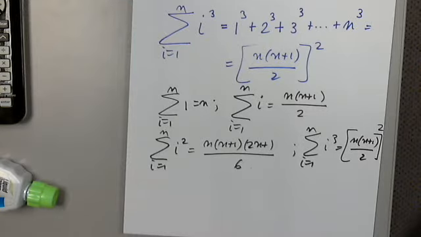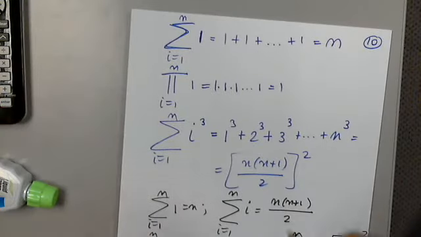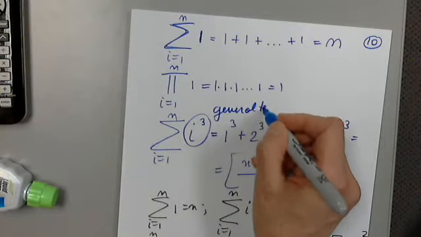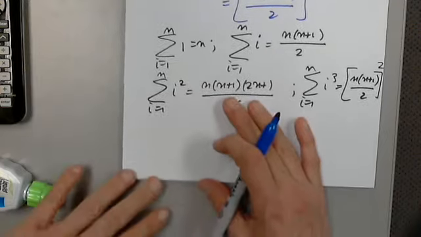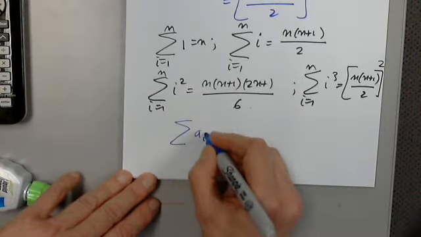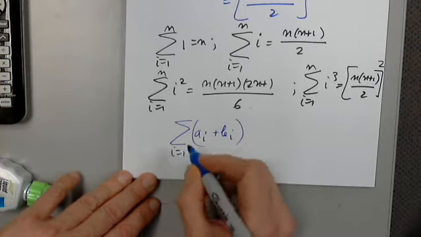Okay, now there are 2 properties of this summation notation. So obviously this is called a general term. So here are the 2 properties. The sum of a_i plus b_i from i equals 1 through n.